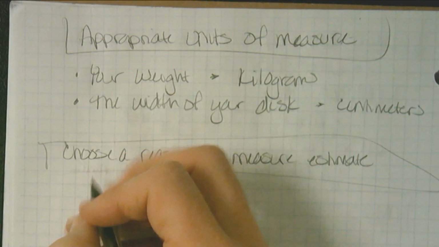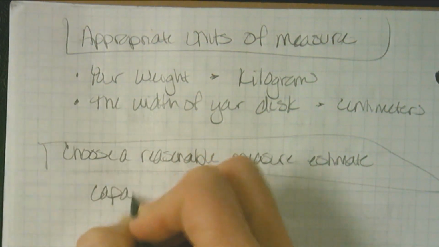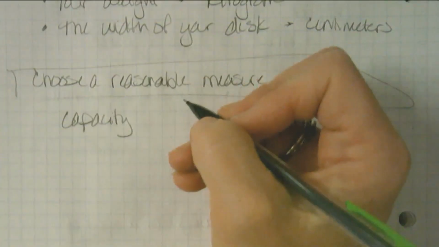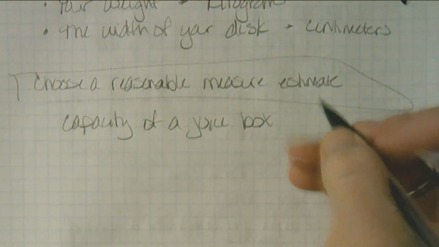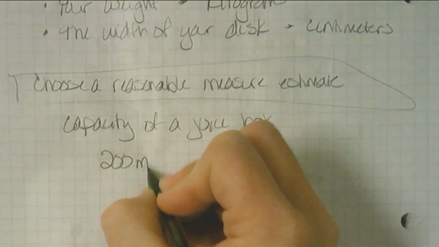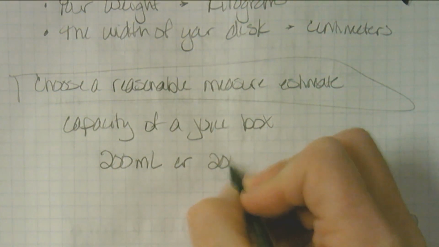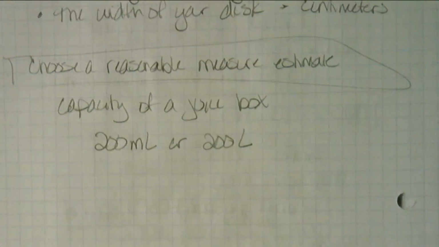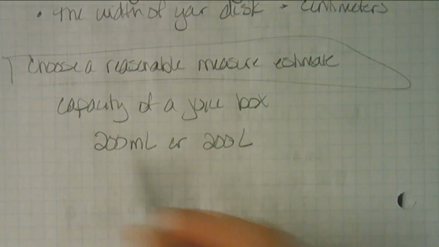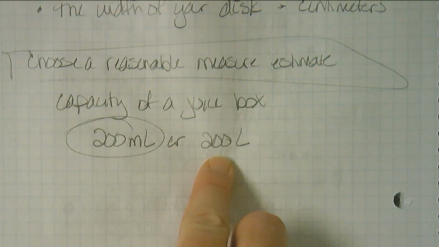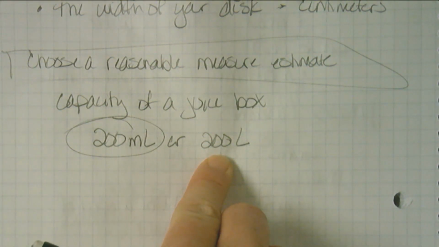All right, so if I said to you the capacity, remember capacity is volume, the capacity of a juice box, do you think it's 200 milliliters or 200 liters? Which one do you think is most reasonable? A juice box, do you think it's 200 milliliters or 200 liters? Christiana? Yeah, I think 200 milliliters. 200 liters. What do you think is close to 200 liters or might be close to 200 liters? Jack?